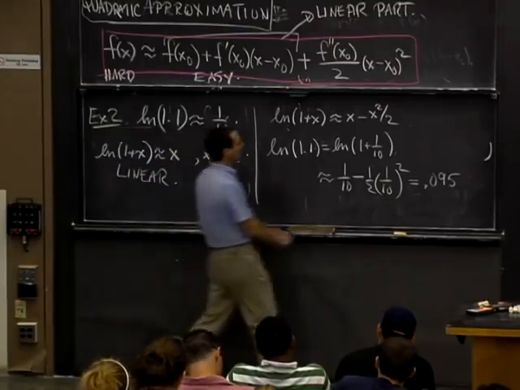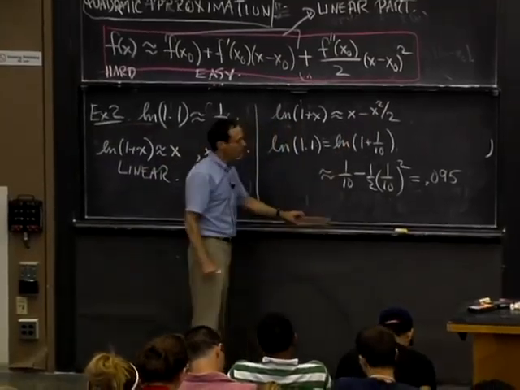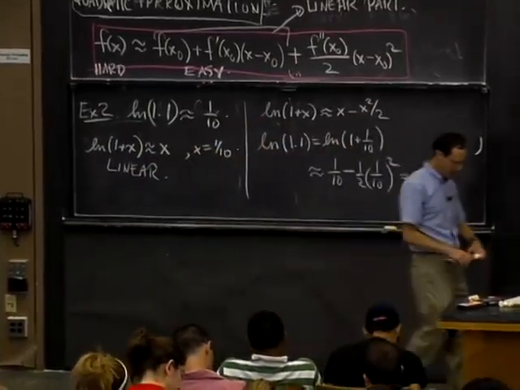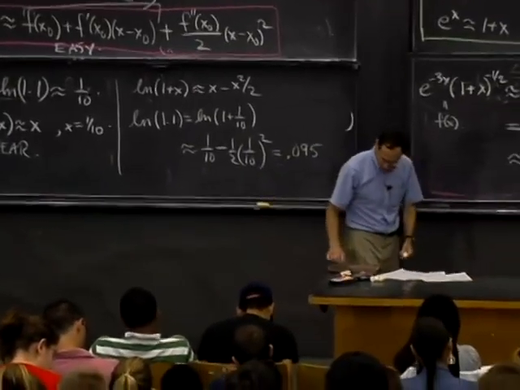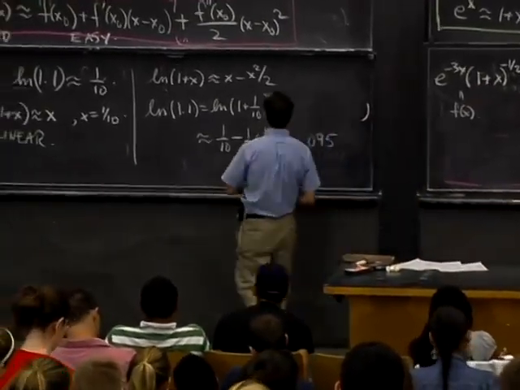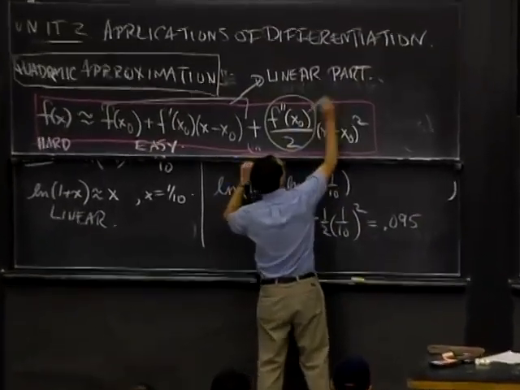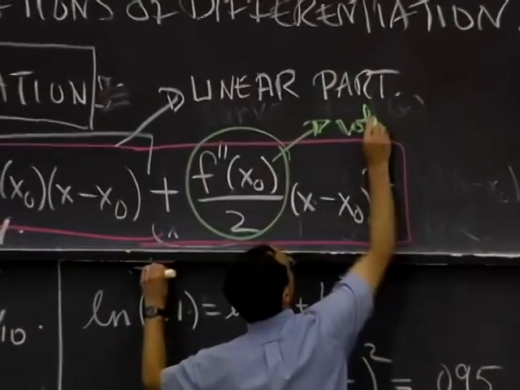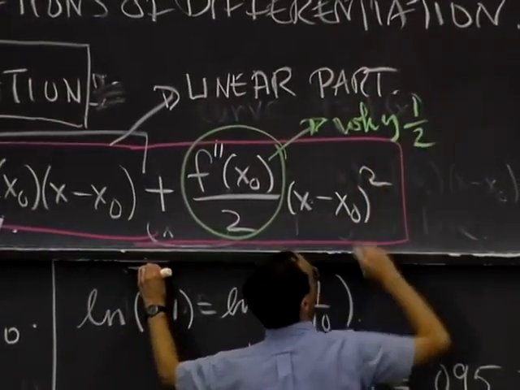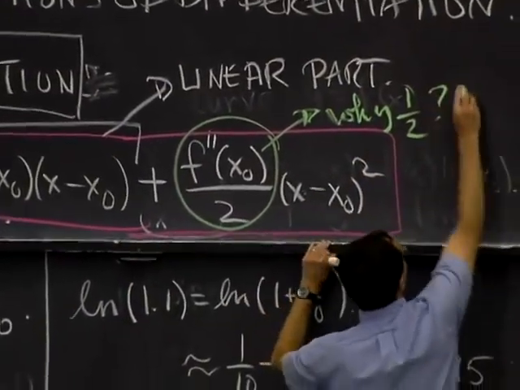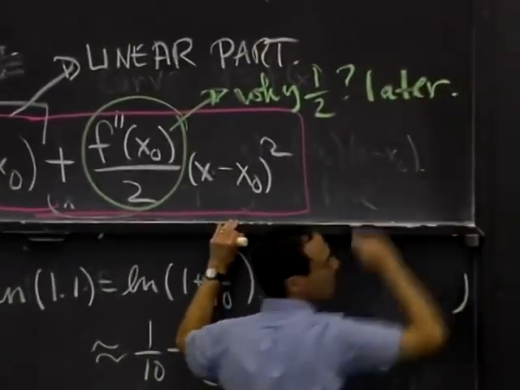All right, so now let me actually check a few of these. I'll carry them out. And what I'm going to probably save for next time is explaining to you why this factor of a half. We're going to do this later, next time.